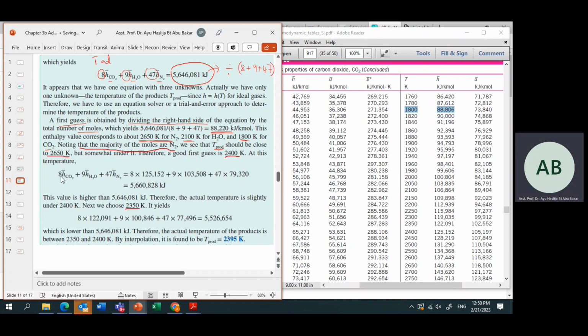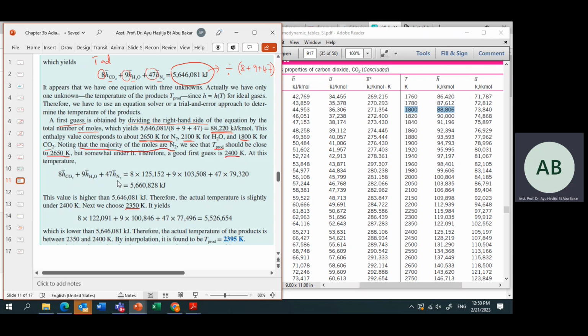That means 8 multiplied by the enthalpy for CO2 at 2400, plus the enthalpy for H2O at 2400.